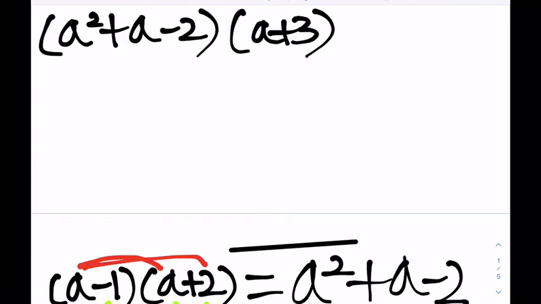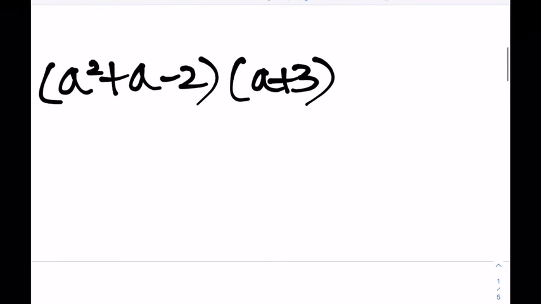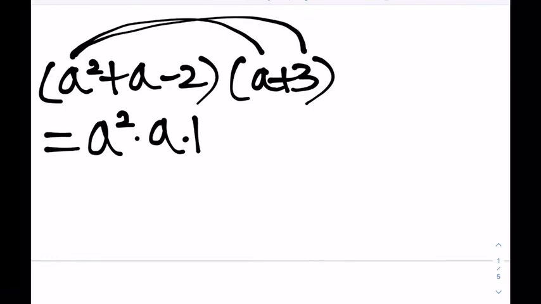Okay, let me just erase this really quickly. So we distribute a squared to a and then a squared to 3. So that will be a squared multiplied to a and then a squared multiplied to 3.